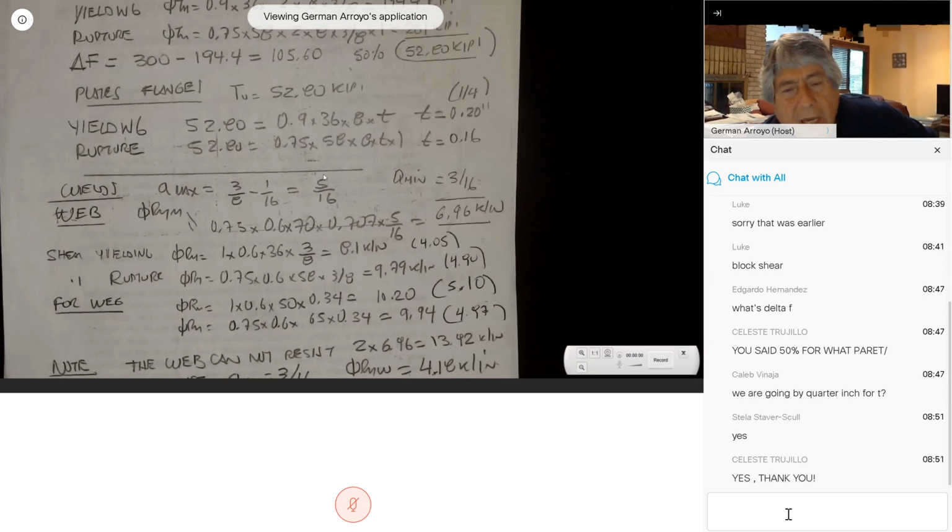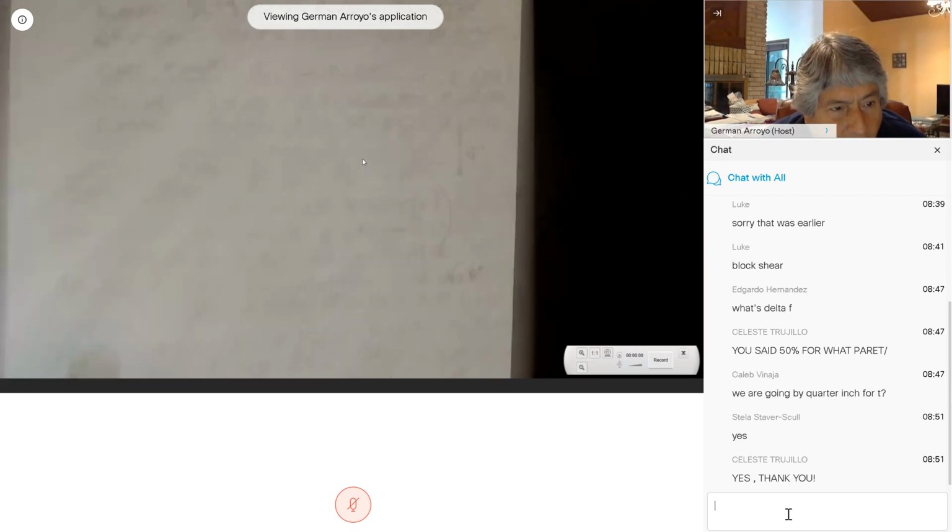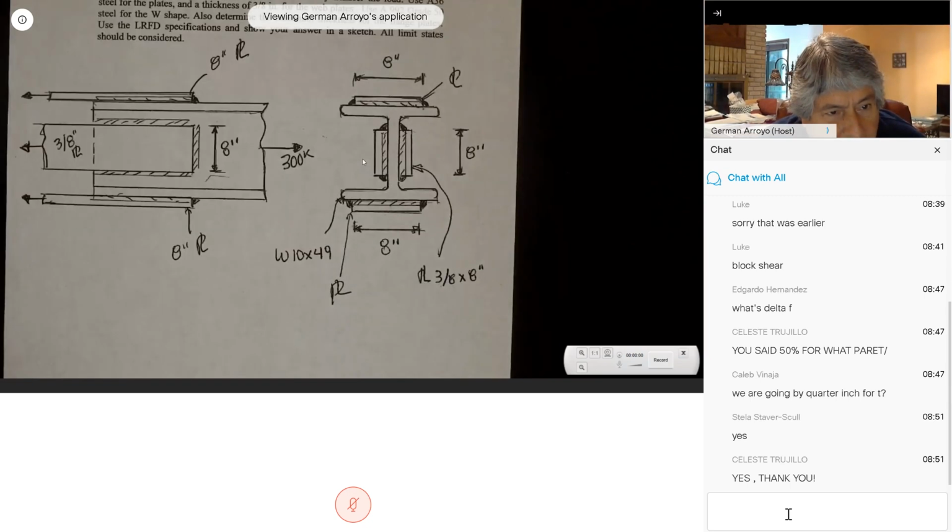But I want you to check how do I find the minimum? Well, the minimum is based on I need to weld this plate to the web. So the thickness of the web and the thickness of the plate.